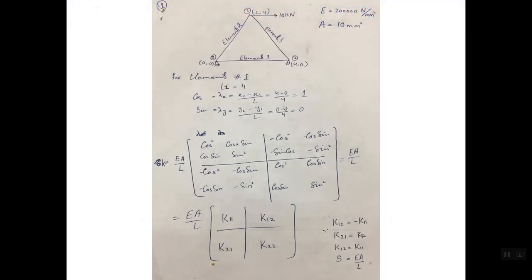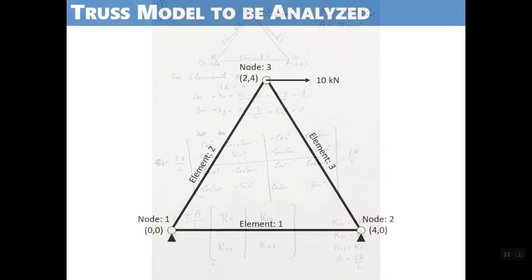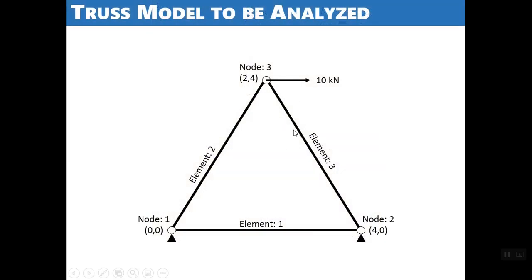This is the first assignment for your class. You have to analyze this truss, the truss that has been given. You have to analyze this truss manually and share your solution with me in the form of an assignment.